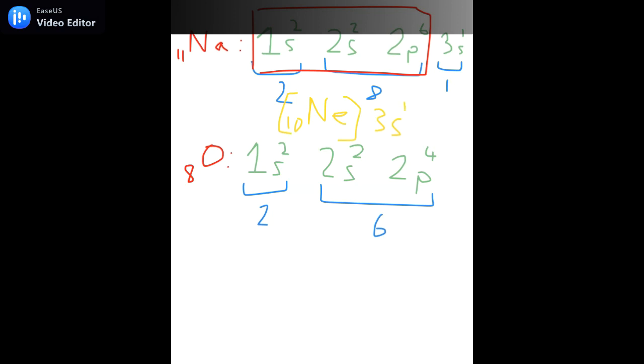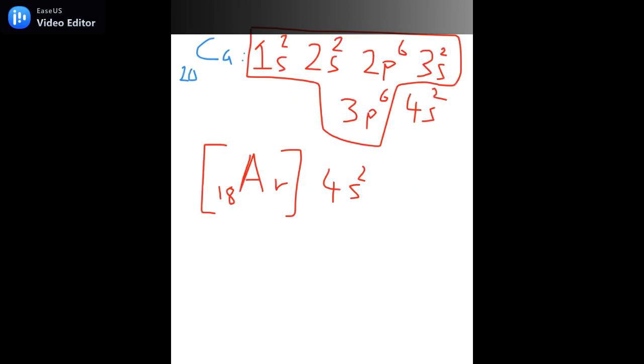So therefore we can conclude that if we have more than 10 electrons, then we will use neon to write the shorthand configuration. If we have more than 18 electrons, then we'll use argon. These are the only 2 possibilities. Other group 18 elements cannot be used.